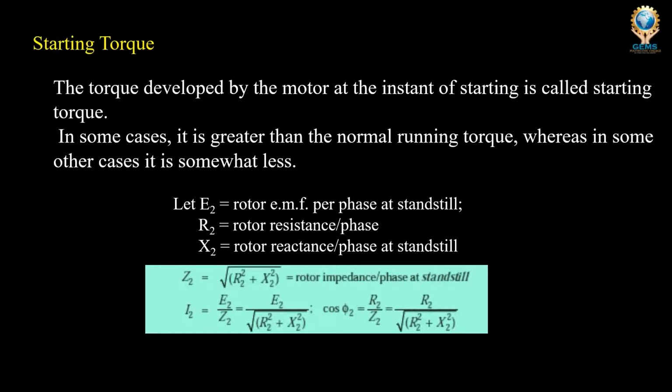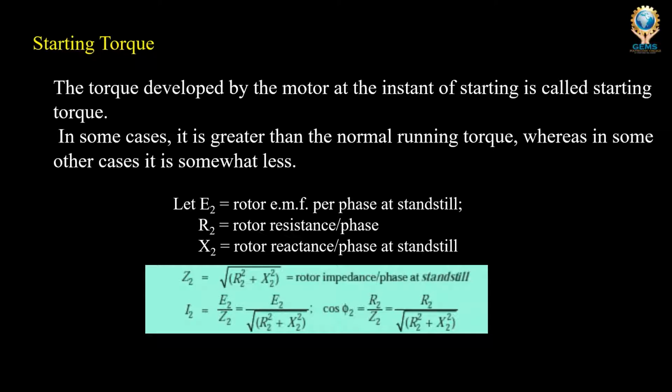Okay, now we will see the starting torque. The starting condition we also call the standstill condition. That time we are considering E2, the rotor EMF, then R2, the rotor resistance per phase, then X2, the rotor reactance per phase. These three things we are considering at standstill condition.